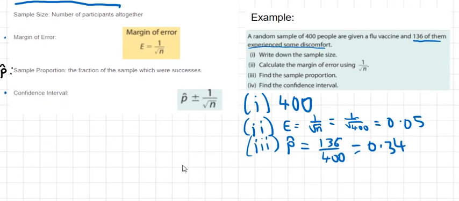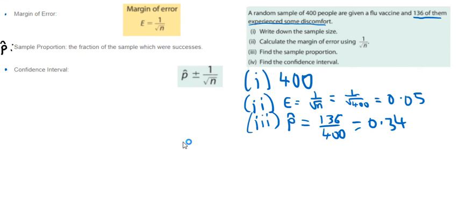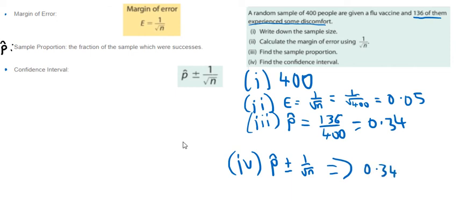The last thing they ask us is the confidence interval. Once we've worked out those things, it's given by the sample proportion plus or minus the margin of error, 1 over root n. So that'll be 0.34 plus or minus 0.05.